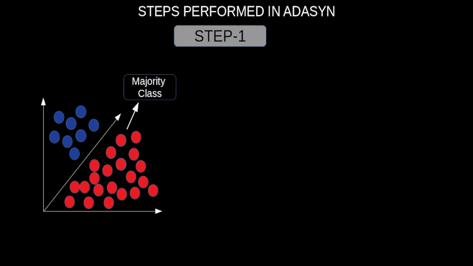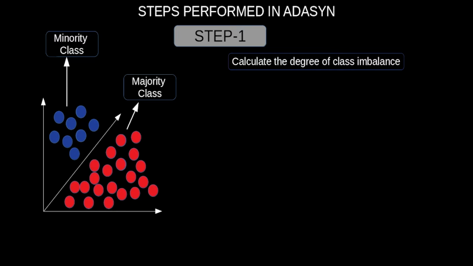Now let's see what steps ADASYN performs to balance the data. Let's move on to the step-by-step details of ADASYN. In step 1, consider the red samples belonging to the majority class and the blue samples belonging to the minority class. In step 1, we calculate the degree of class imbalance.